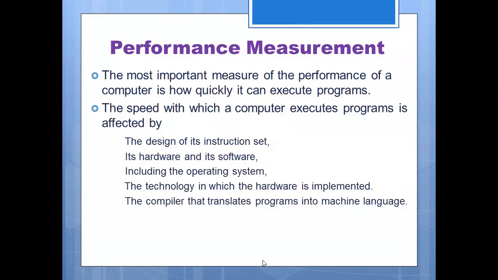The speed with which a computer executes programs is affected by a set of parameters like the instruction set, the processor hardware, and software, which includes operating systems. The technology in which hardware is implemented is also one of the major factors, as well as the compiler which translates user level programs into machine level programs. So these are some major parameters to measure the performance of a processor.